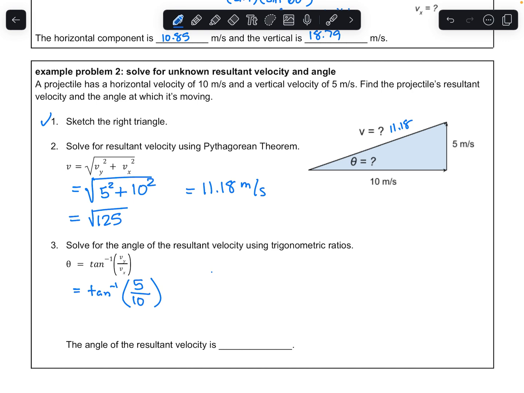The angle that I get is about 26 degrees. Using inverse trig functions in order to find an unknown angle and an unknown resultant. Thank you.